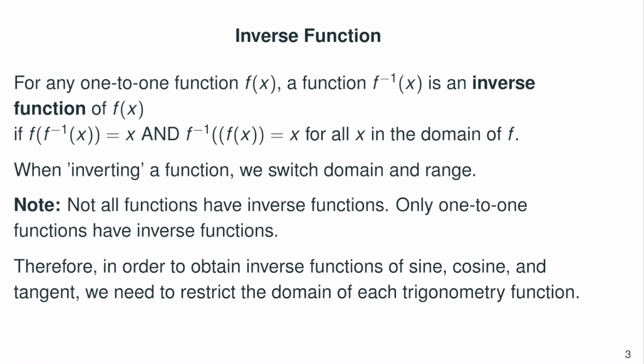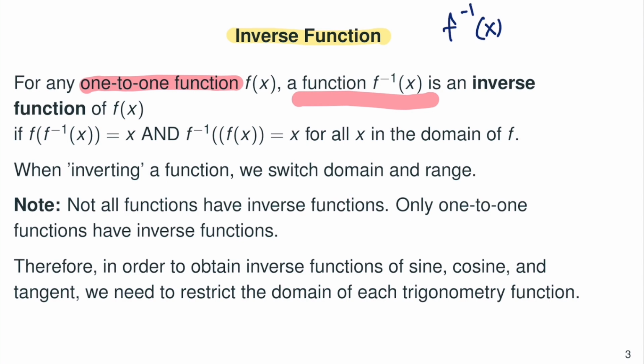Before we discuss inverse trigonometric functions, let's look at what an inverse function is in general. For any one-to-one function, and this is an important condition, there is an inverse function, with this notation right here: f to the negative 1 of x. This is not a negative 1 power.